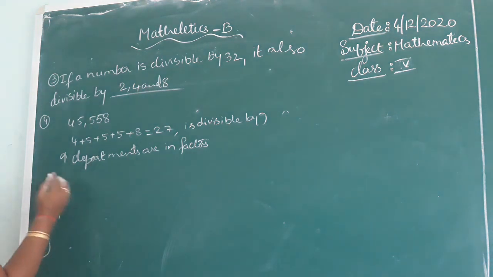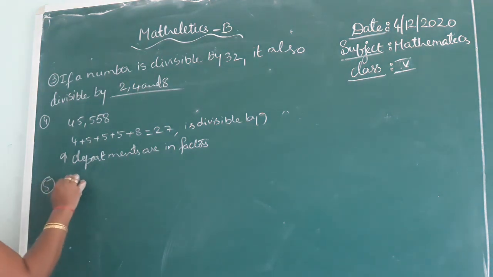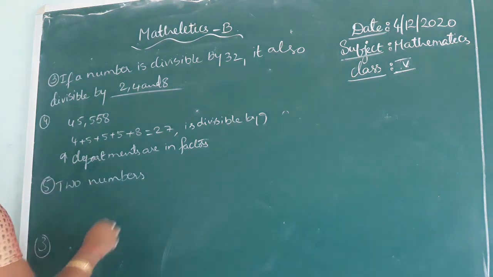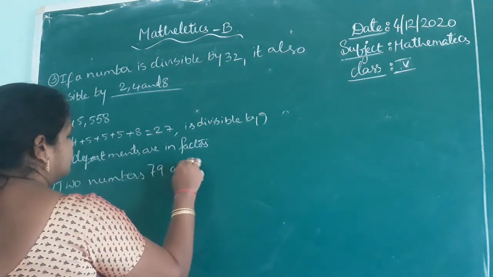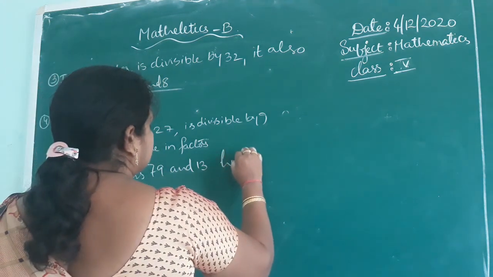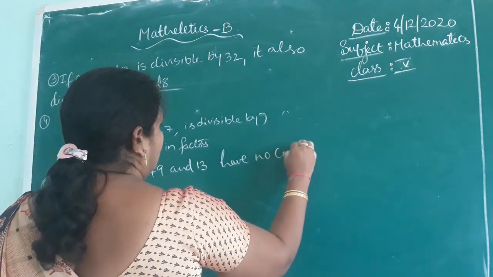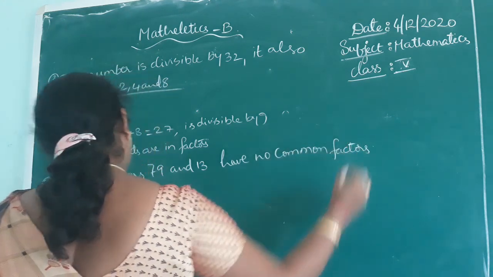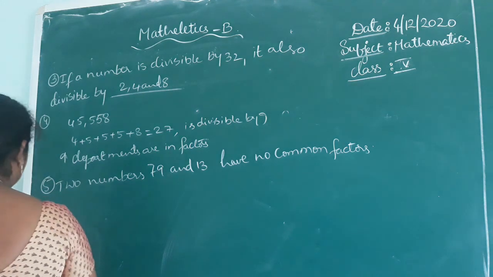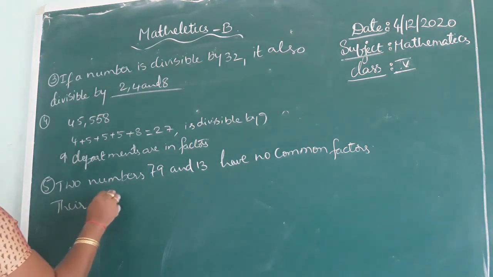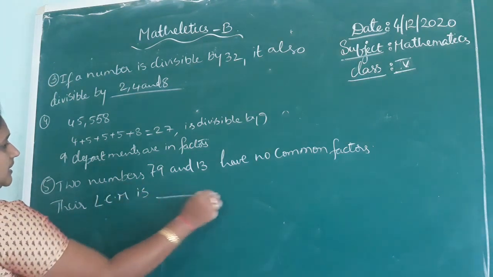Next, two numbers 79 and 13 have no common factors. Their LCM is?